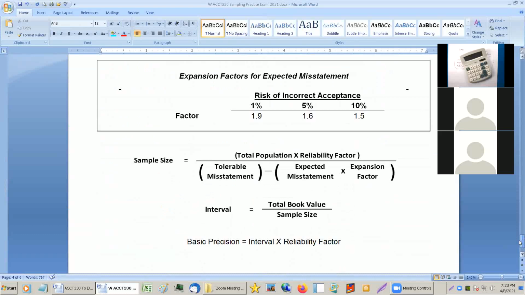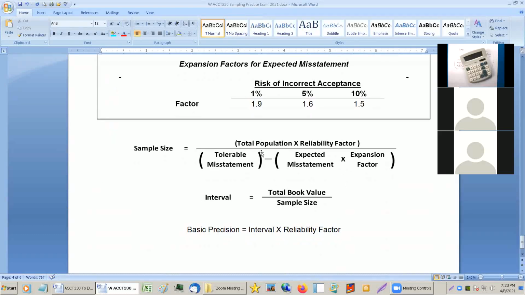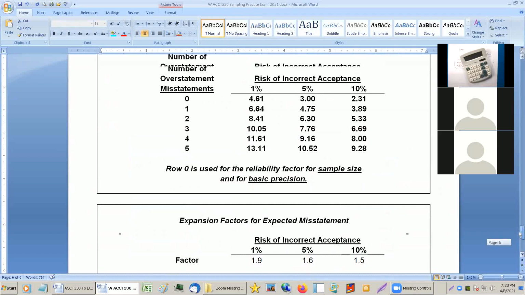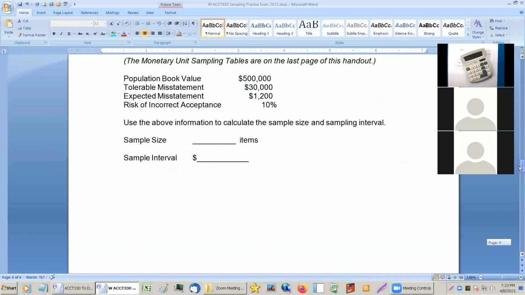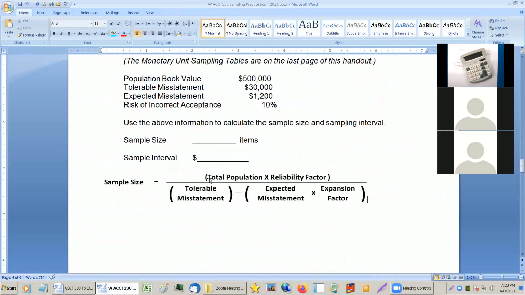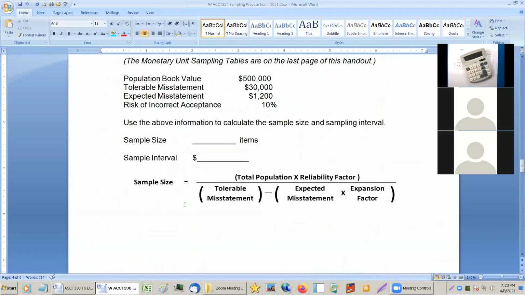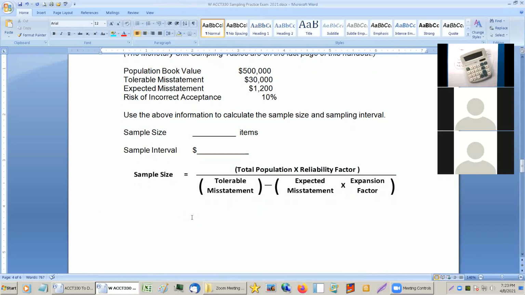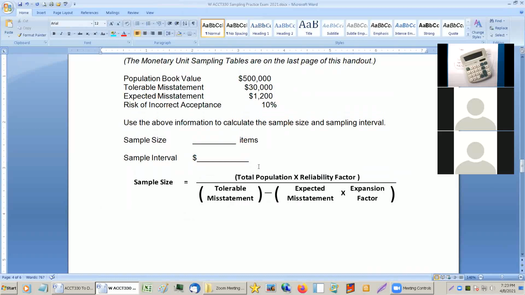Okay, let's go to the very end. We have our sample size calculation. I'm going to copy this and bring it up here. Okay, so our sample size, total population book value.